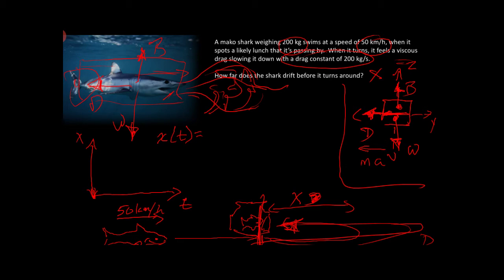We said that as he starts slowing down, there's going to be some limiting value here that he exponentially approaches, right? So he's going to start slowing down really fast, and then he's going to start slowing down slower, and after a little while he'll be able to just use his fin and turn around nice and easily. So the question is what is this value, right? And I gave you an equation that was x of t equals v naught over alpha times 1 minus e to the minus alpha t.